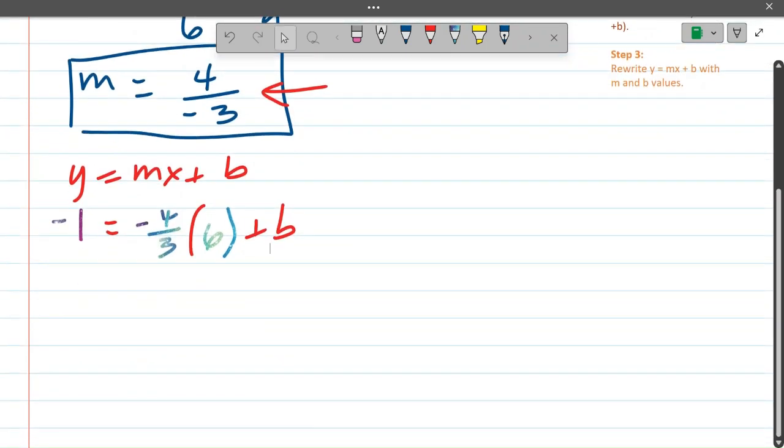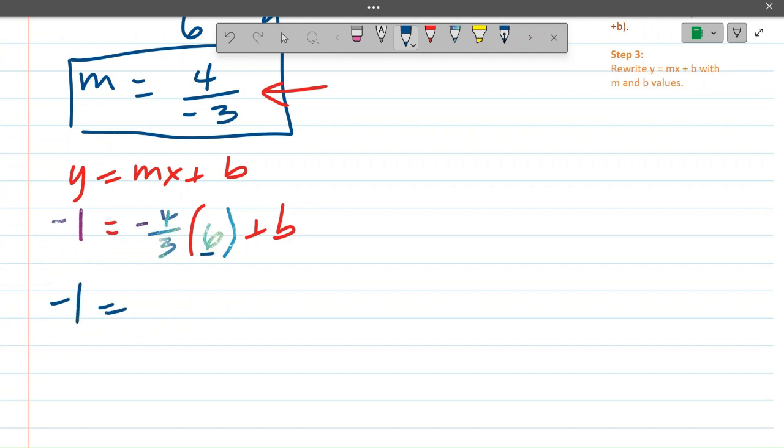All right. So now I'm just going to go ahead and simplify this. So -1 equals, so remember there's always a 1 underneath every whole number. The way we multiply fractions together, numerator times numerator, divided by denominator times denominator. So -4 times 6 is -24. 3 times 1 is 3, plus b.